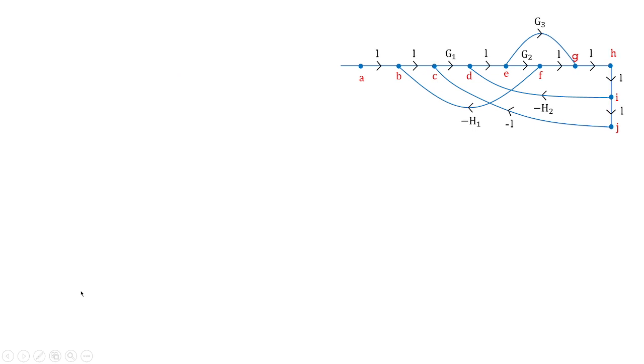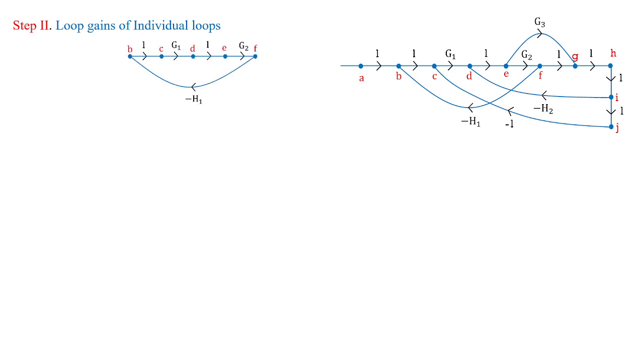Done. Now finding out the individual loops. So loop gains of individual loops: first you find out loop 1. You can see it starts from B, goes to F, comes back to B. So the value of loop 1, that is denoted by P11, is nothing but minus G1 G2 H1.